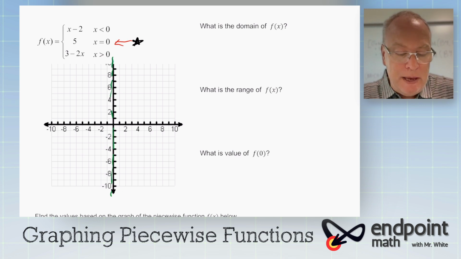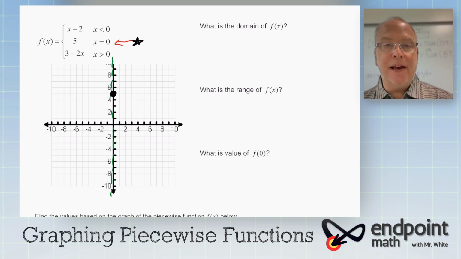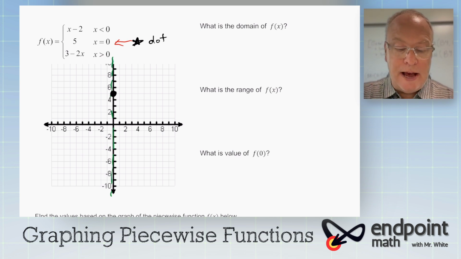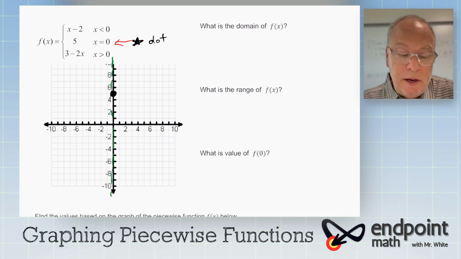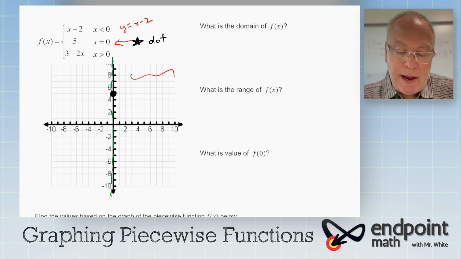So I'm going to put a big, fat, closed circle right there. When x is 0, y is 5. So that's just a dot. Now the other ones, I have to graph y equals x minus 2 on this side over here. No, I'm sorry, I got it wrong, don't I?